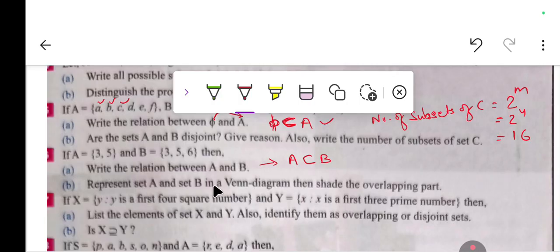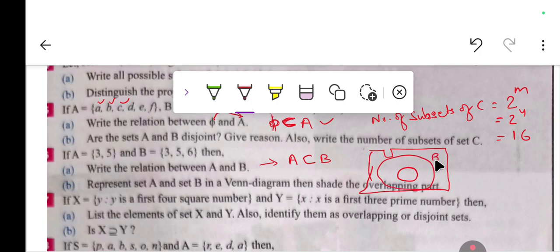Represent set A and set B in a Venn diagram. Let us make it in a Venn diagram. It's very easy. I'll make the universal set over here. Okay, universal is created. Now A is the subset, so the subset is inside and the superset will be outside.